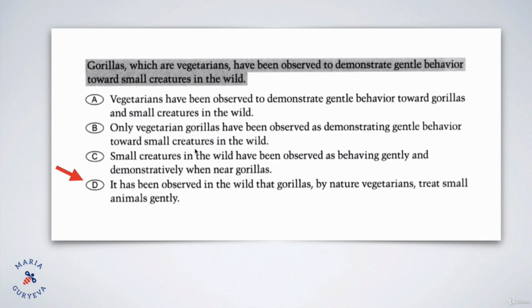So you see that the wrong answer choices will have a lot of mistakes. They might even use the reading tricks that we learned, such as only, and they will always have the exact same words in their answer choice, which is wrong. We see gentle behavior everywhere, gentle behavior, behaving gently. Only here we have just gently without behaving. Small animals is a rephrasing of small creatures, and in all other sentences we have small creatures, small creatures.